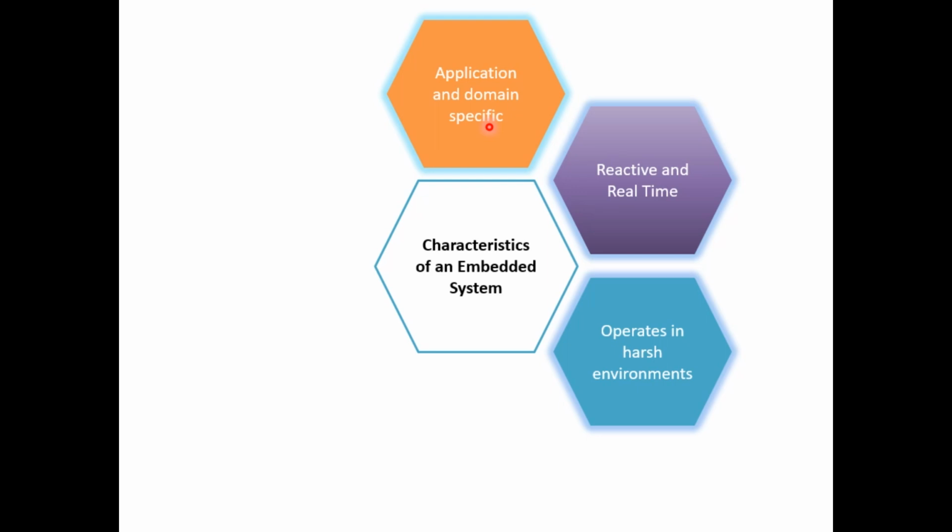My devices should be capable of withstanding that amount of temperature. An embedded system which is designed for applications in automobiles should be able to withstand a good amount of vibration and shock. Right? When your vehicle moves, these systems are subjected to continuous vibrations and shocks. So it should be able to withstand that.